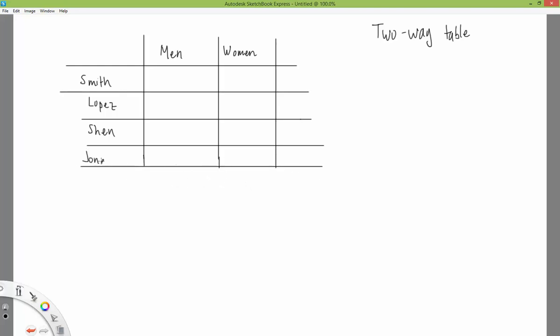And I think the other table we saw was formatted a little bit differently. But we could have the total vote here.